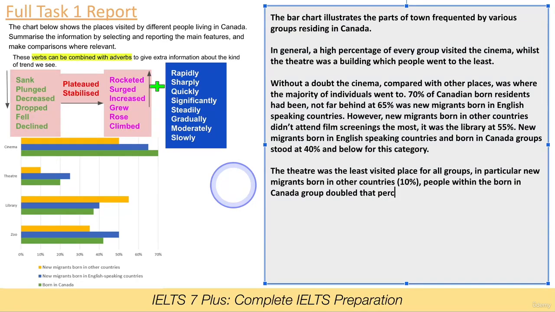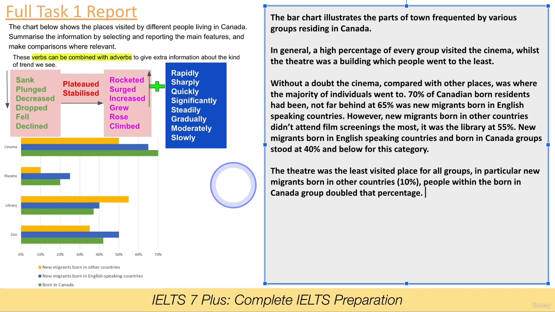So we don't always need to be explicit. We can allude to different percentages and talk about them in different ways, which is quite nice. So 20%, instead of saying that, people within the born in Canada group doubled that percentage. So we know that it's 20%.